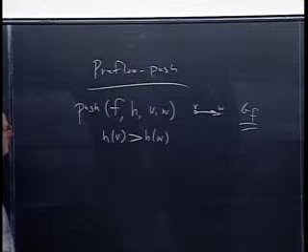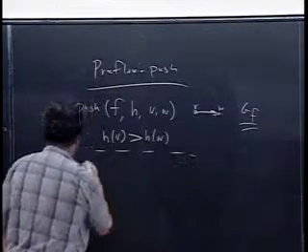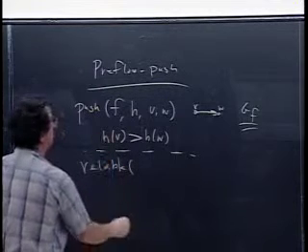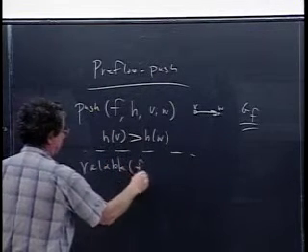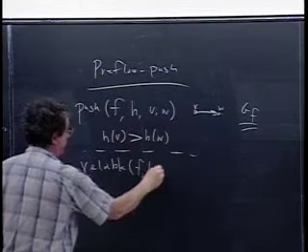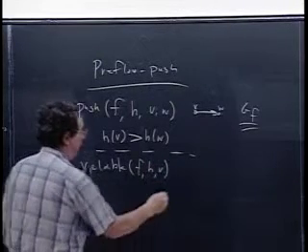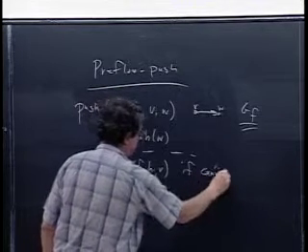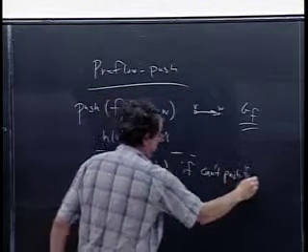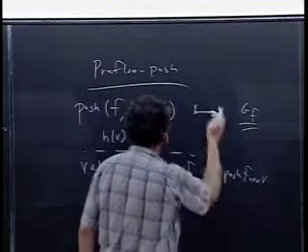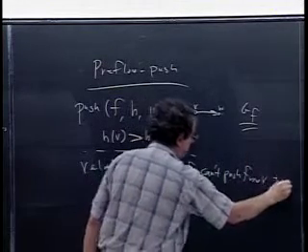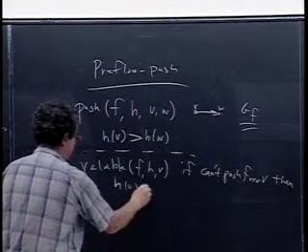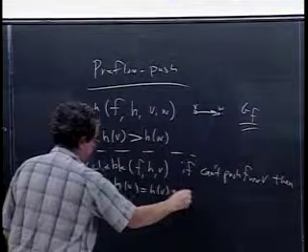And let me also remind you that we relabel. Again, you have a preflow, you have an H, and you have a single node V, and if you can't push from V, there's no push possible there, then you set H of V equals H of V plus 1.